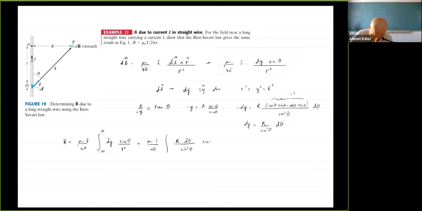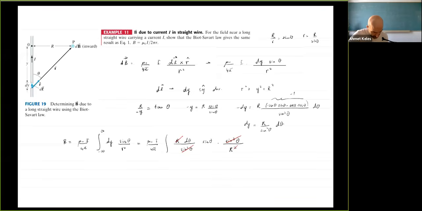There's a sine theta, and there's r, and for r, what is r? R over r is sine theta, so r is R over sine theta, and I need to take the square of this. So this is sine squared theta divided by R squared. Some cancellations, some more cancellations, and I need to put in the integral limits.